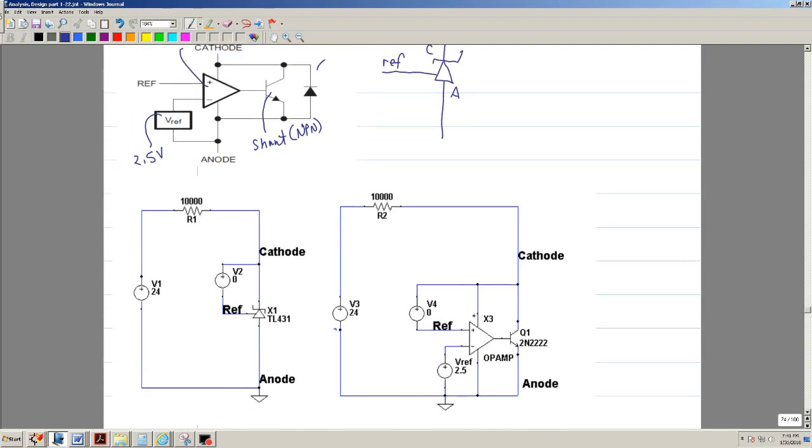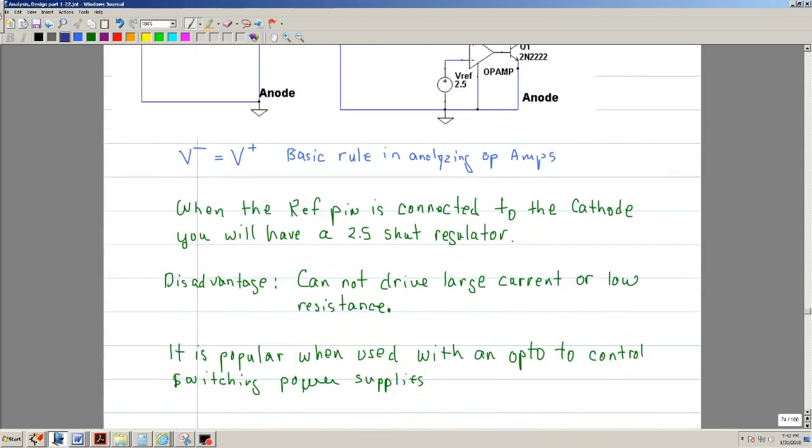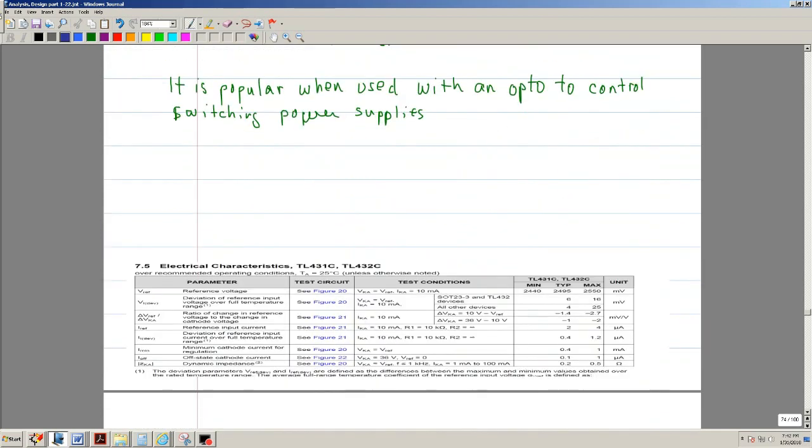One of the simplest ways of using this is if you connect the reference to its cathode. Basically, you connect it in this configuration. Now mind you, if you look at the specification, let me look at this here.